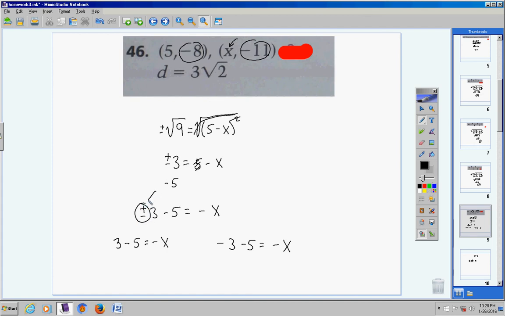One scenario is with a positive 3, and one scenario is with a negative 3. So I have to write two different scenarios, okay? Now, 3 minus 5 is negative 2, so negative 2 equals negative x, so what's x equal? 2. Negative 3 minus 5, that's negative 8 equals negative x. So then 8 equals x.